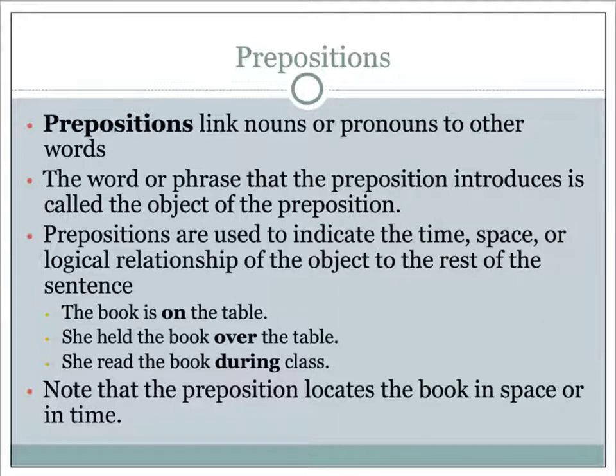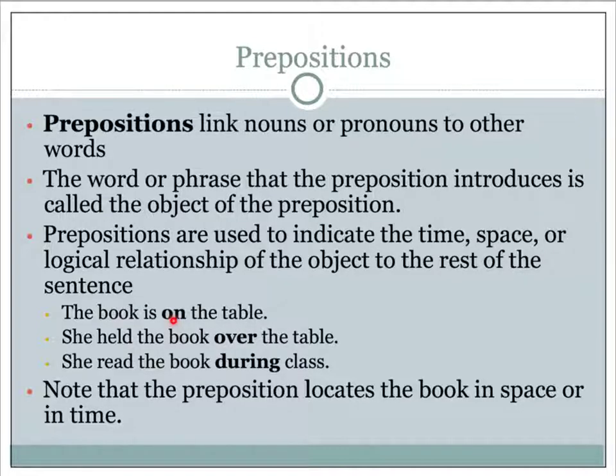The book is on the table. So in this case, book is the subject of the sentence. It's also a noun, and it's connected to the table. On is our preposition that connects the two nouns. So it just shows us the relationship between the book and the table. She held the book over the table.